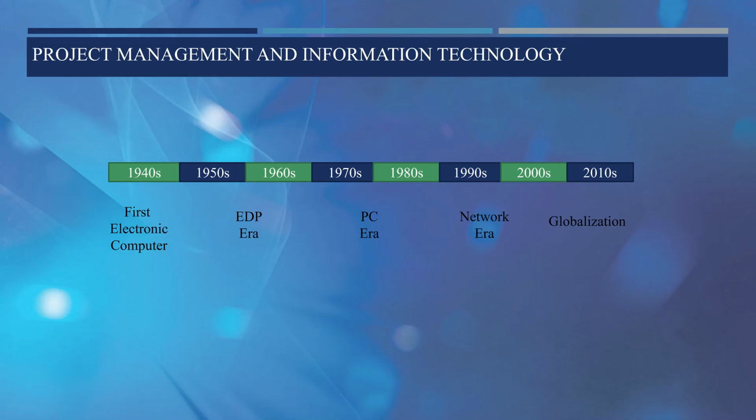Then we went to the network era, where we finally moved all the data back on servers. We processed it in client-server applications where the server did some processing, but we had processing on the client. And now what we're going back to is sort of the dumb terminal, or the mainframe, where all the processing is being done on the server, and all that's being presented is I/O, input and output, through browsers.